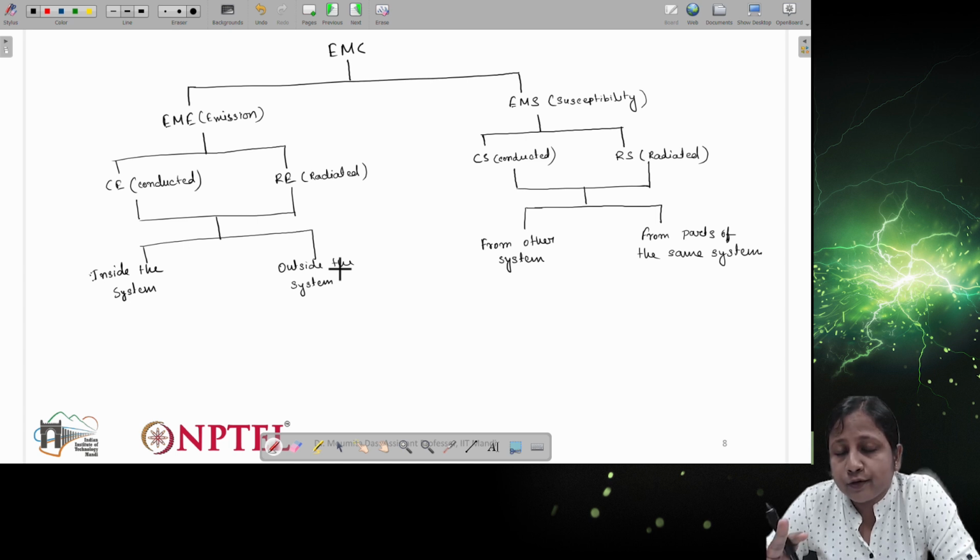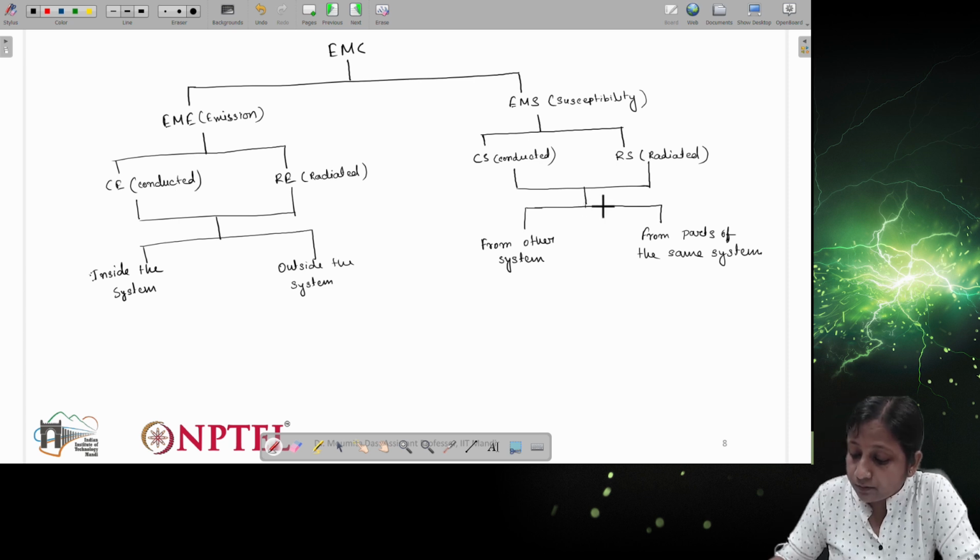Let's say the system has multiple switches or multiple steps, so part of it can affect the system itself. Noises of one step can affect the second step. Okay, so similarly, susceptibility is again divided into two types, conducted susceptibility and radiated susceptibility, and again from other systems and from the same system.